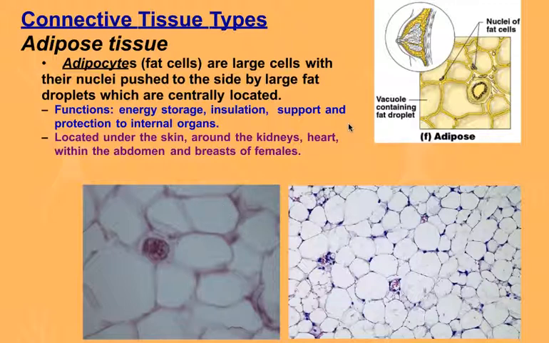So its function is support, protection, it cushions your organs, it helps insulate your body. And you're going to find a lot of fat tissue just below your skin and around some of your organs like your heart and your kidneys, in the breast area of females, and your abdomen.